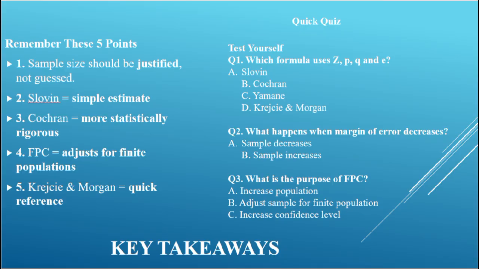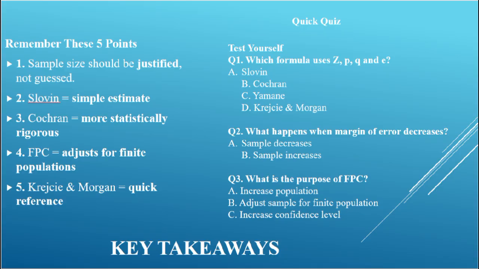Fourth, when dealing with a finite population, the finite population correction can be applied to adjust the initial sample size. And fifth, the Krejcie and Morgan table is a convenient ready reference method when its underlying assumptions are appropriate. Most importantly, remember that sample size determination is not just about applying a formula. The final decision should be consistent with your research design, sampling technique, statistical analysis, population characteristics, and practical constraints.